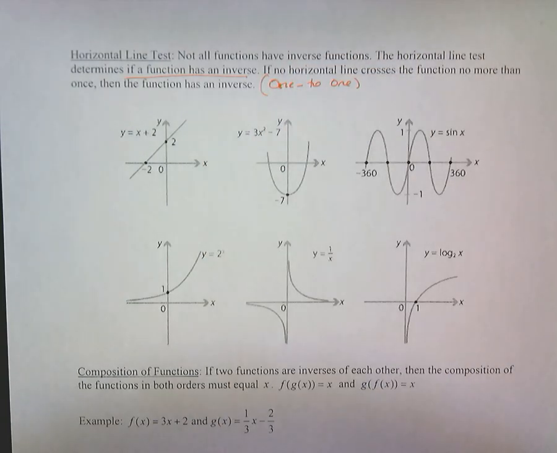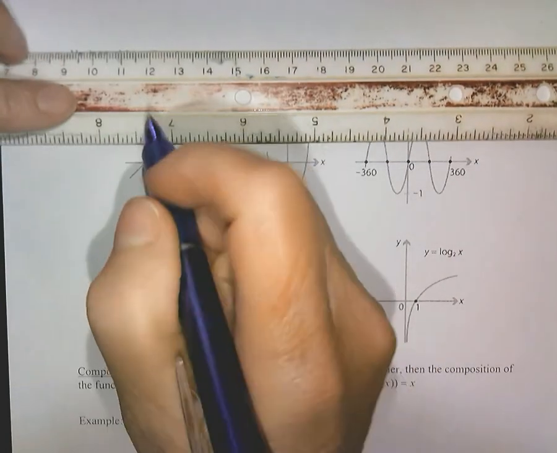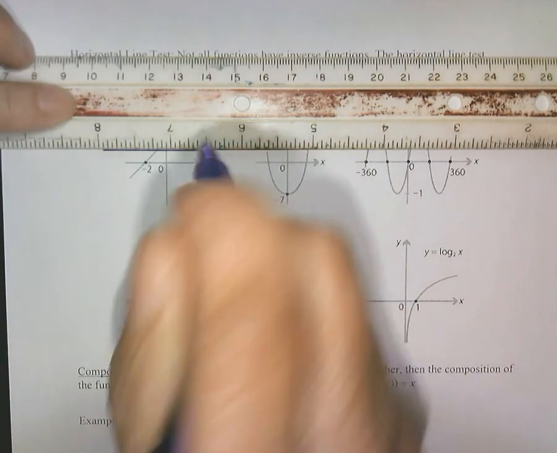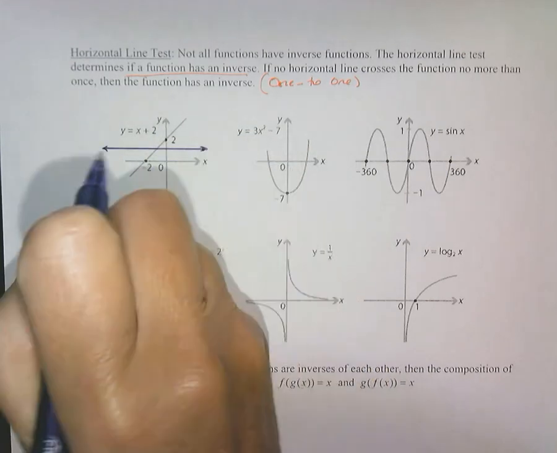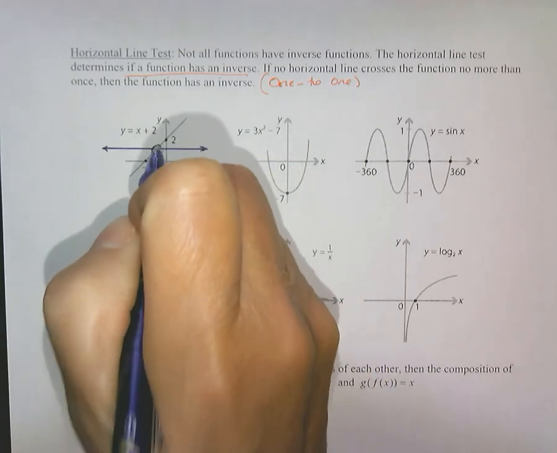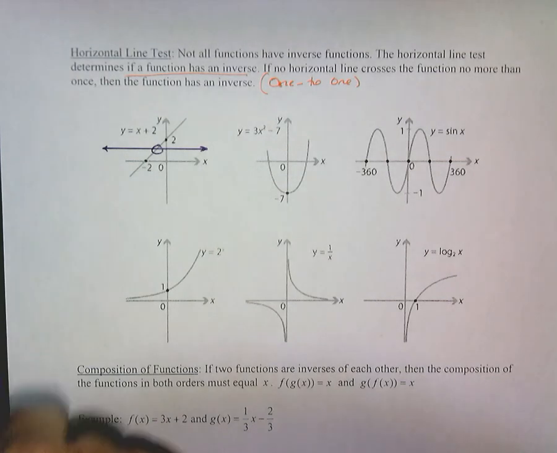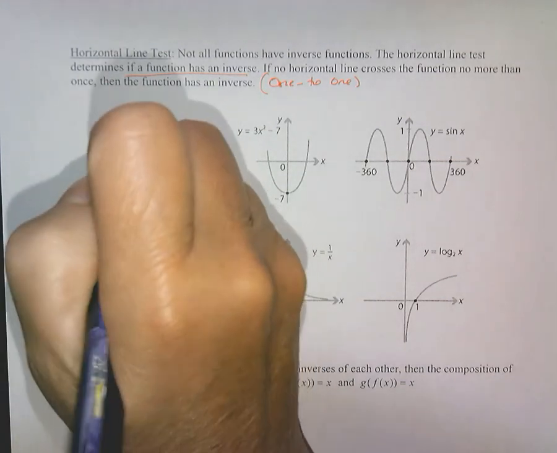So if I take a vertical line and I run it through here, this is the equation y equals x plus 2. Or horizontal line, I said vertical, horizontal. No matter where I put this horizontal line, it's only going to cross this function once. So this one has an inverse.